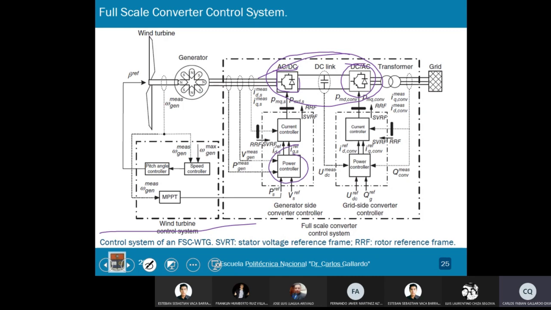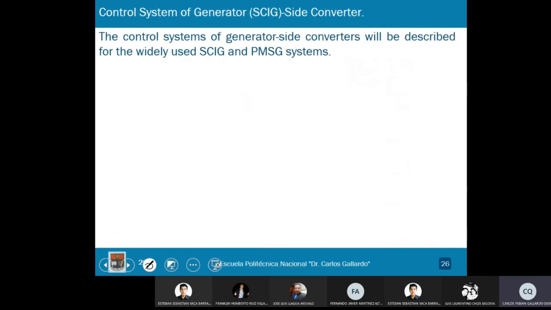So let's analyze the first case, the squirrel cage induction generator. The control system of the generator side converter will be described first for the squirrel cage induction generator, and later on we will continue with the permanent magnet synchronous generator system.